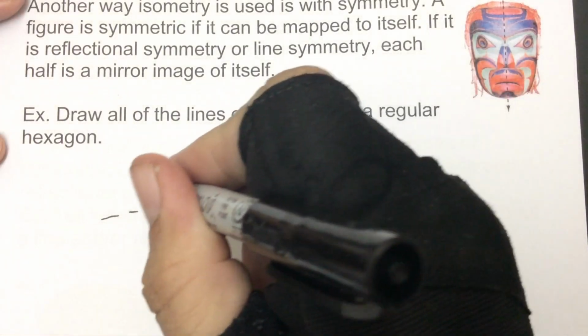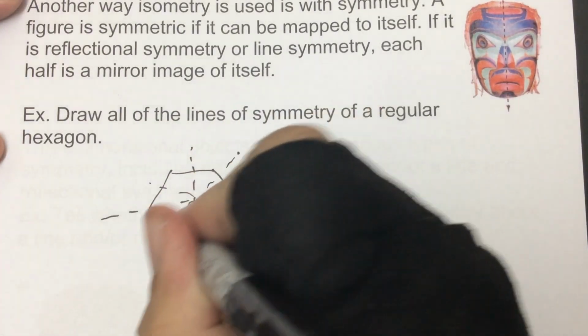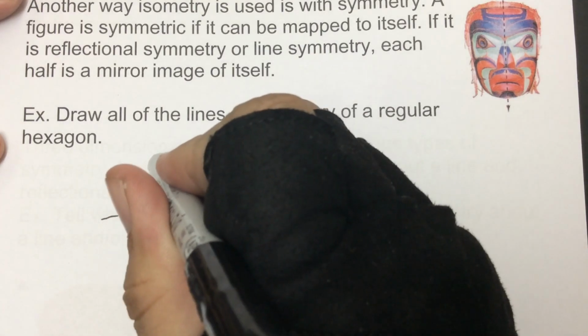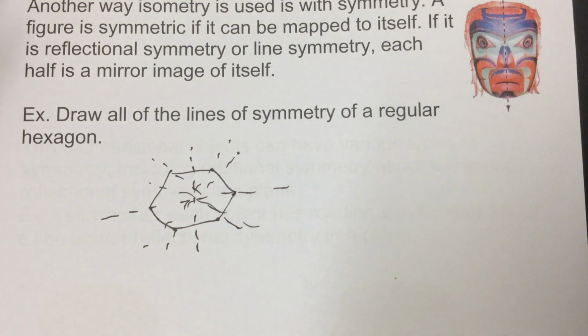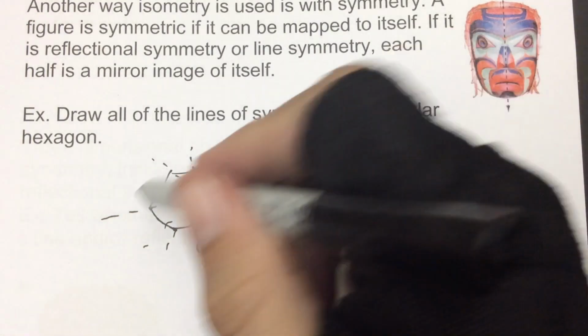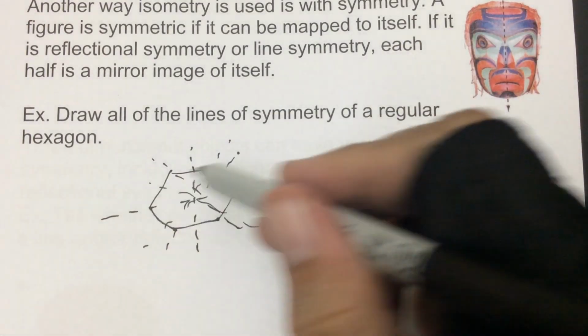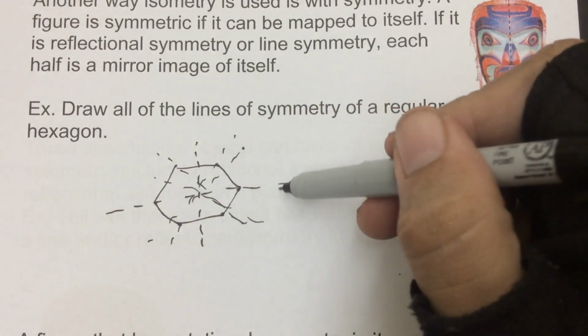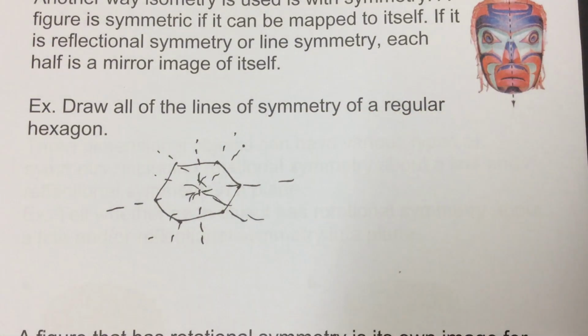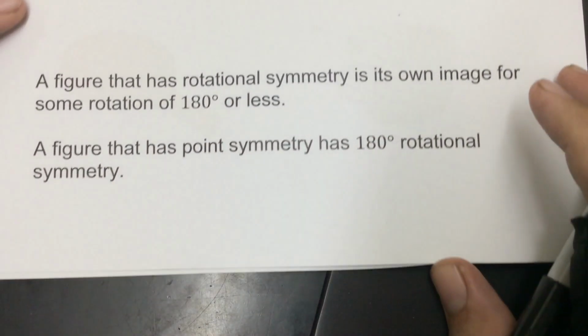Now we could do that with each set of sides and each set of these angles cutting through. So it gets to be a jumbled mess because there's a lot of things going on here, but think every time we can split them in half this way or we can split them in half that way. And we'd be able to take that shape, fold it across that line, and it would match up with the other side. The other part of this is rotational symmetry.